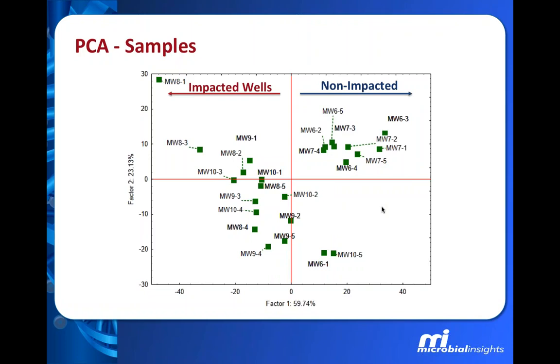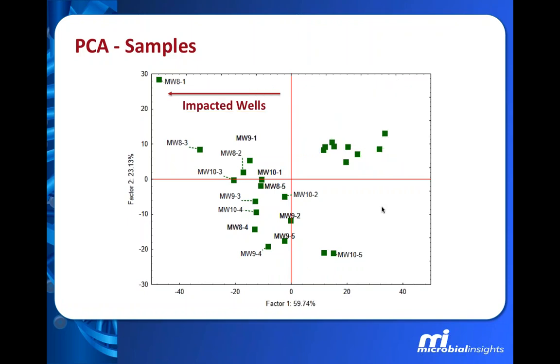So that first division that we saw with our PCA plot, the biggest difference we see is between non-impacted and impacted locations. So if we go back to our original question, we can say the microbial communities are different in our impacted areas. The petroleum hydrocarbon, which is probably one of the most important factors influencing our microbial community, is applying that selective pressure here, as we might expect.